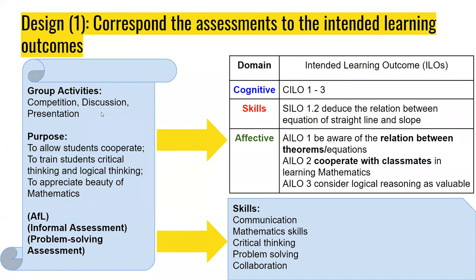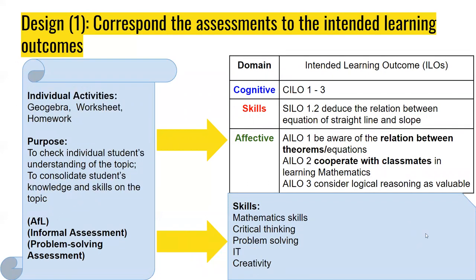About the group activities, the purpose here is the cognitive skills and affective domain, which are indicated here, and also the EDB-required generic skills. It's more about communication and collaboration, also problem solving in the group activities.